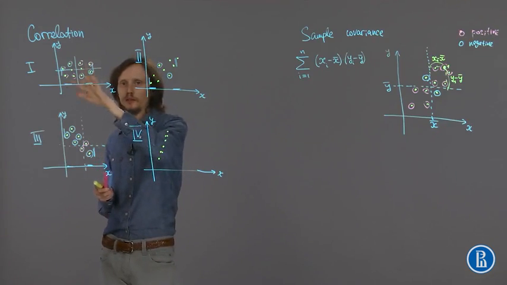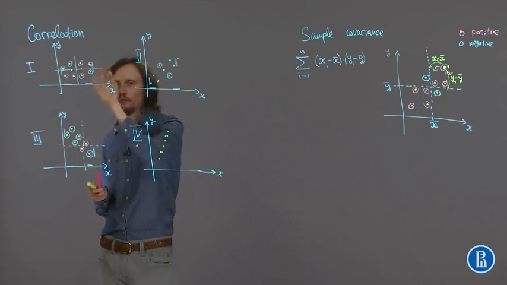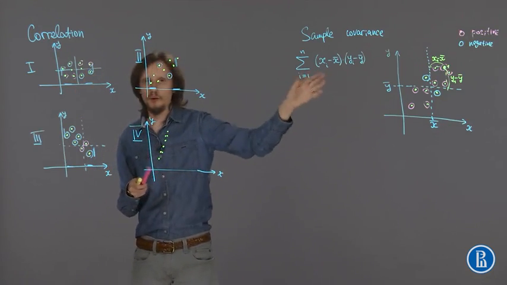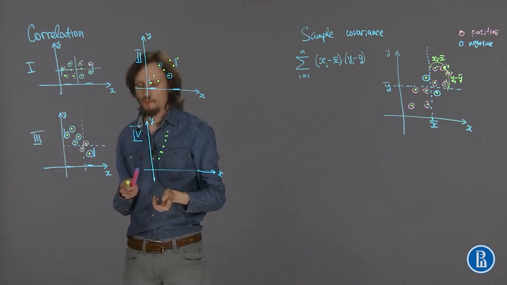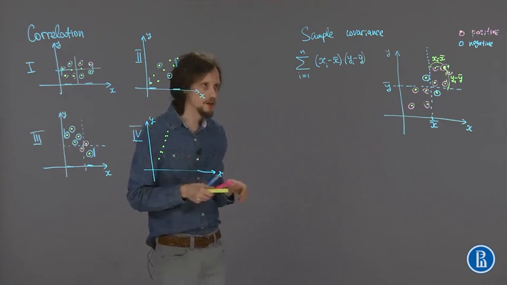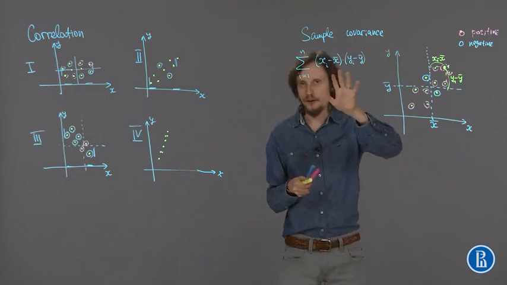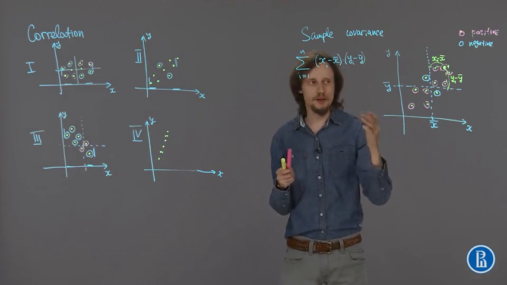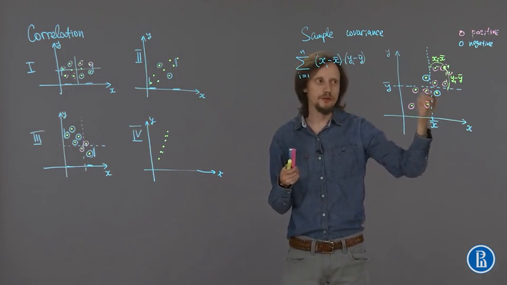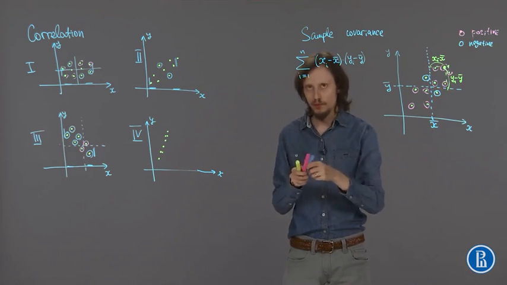And we see that they can compensate each other. So we can expect that for this picture, the sum will be close to zero. We see that this sum, in fact, catches the idea of this relation between x and y.